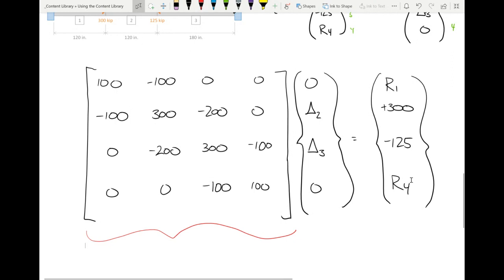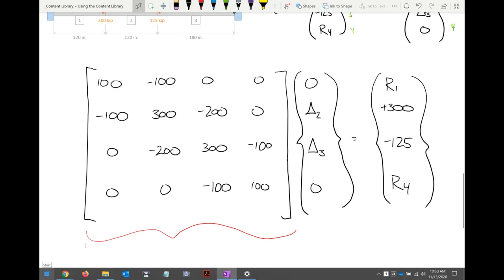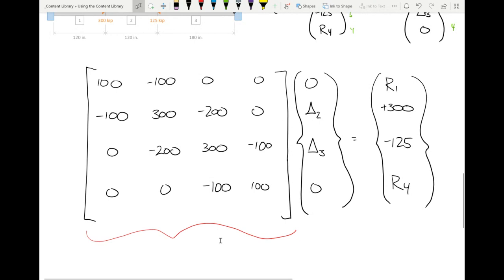Yes. I noticed that if we did a transpose, it would be basically roughly the same. Yes, and there's a name for that. It's symmetric. The stiffness matrices will always be symmetric. And as Mr. Ball pointed out, he's exactly right.